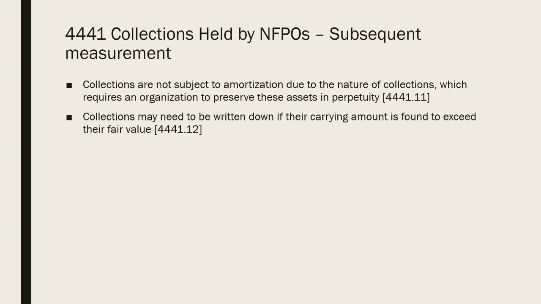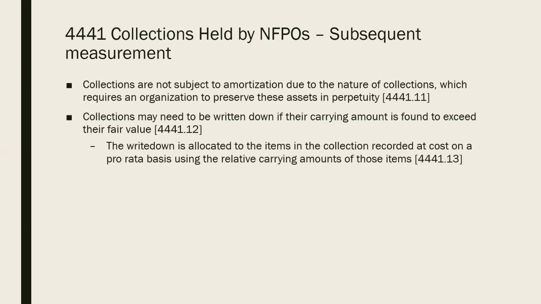If that ever happens, the write-down is allocated to the items in the collection that were recorded at cost on a pro rata basis using relative carrying amounts of those items. So if this was a bunch of items in the collection that have been found to be impaired, then the total impairment write-down is allocated to all of those items based on relative carrying amount.